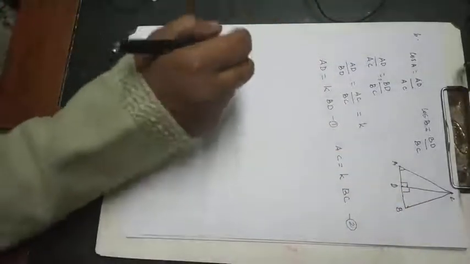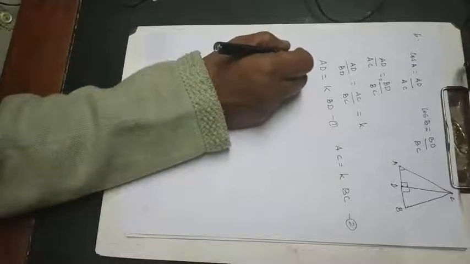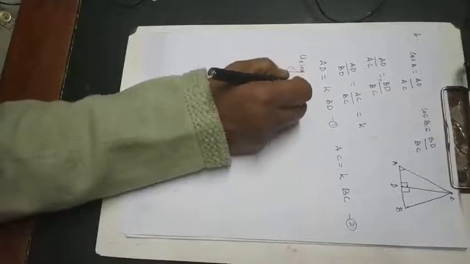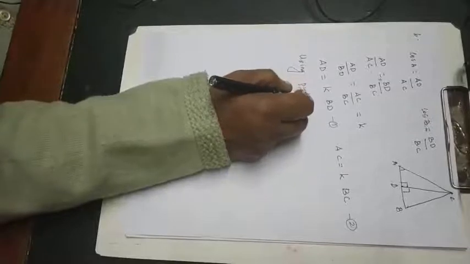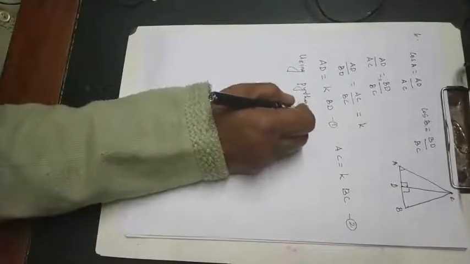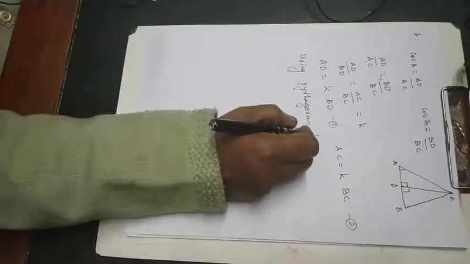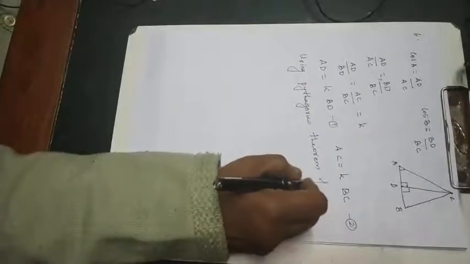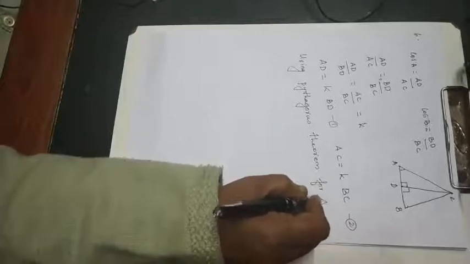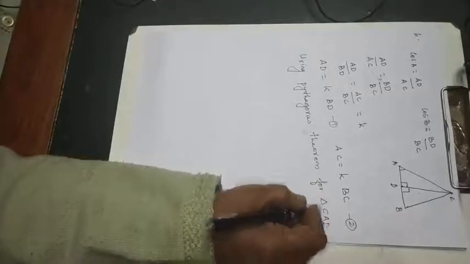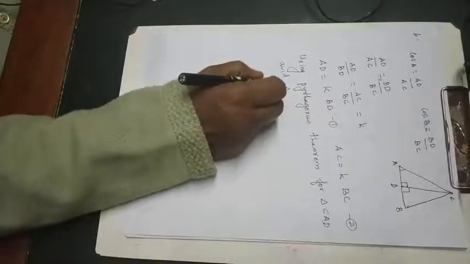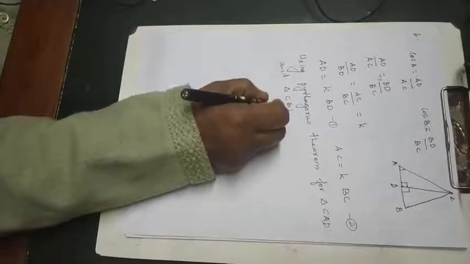So using Pythagoras theorem for triangle CAD and triangle CBD, both are right angle triangles.